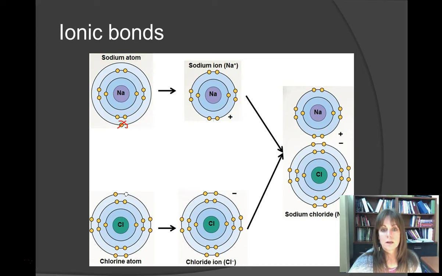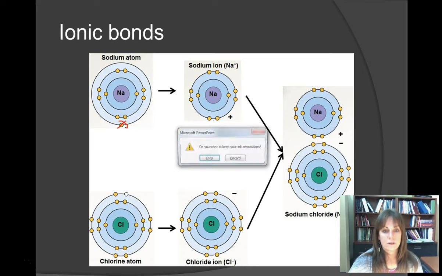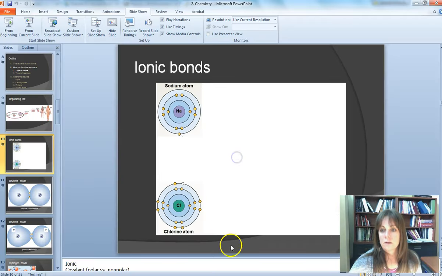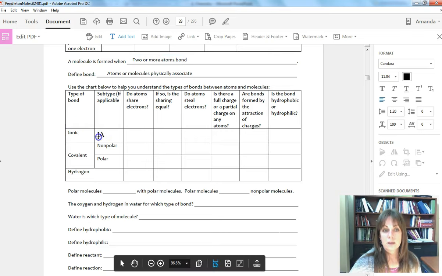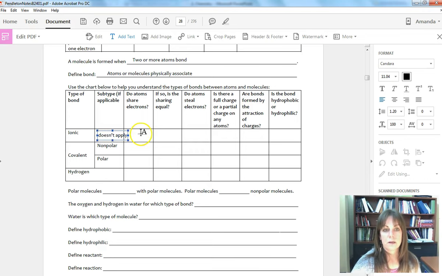If we're filling out our chart, we'll go here to ionic. This subtype doesn't apply. There's no subtype.